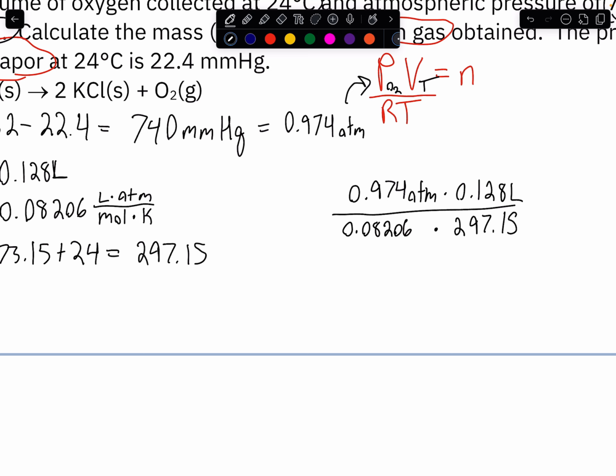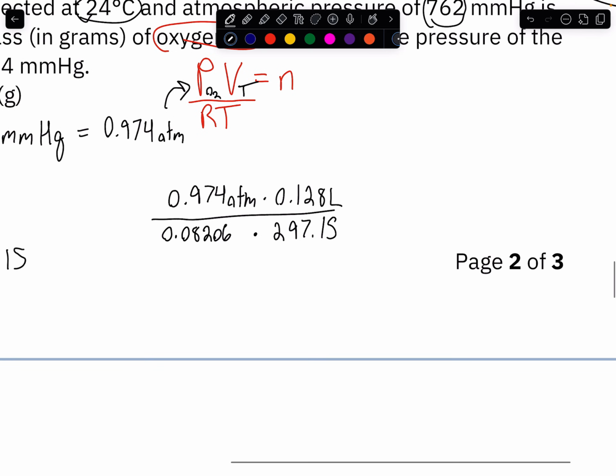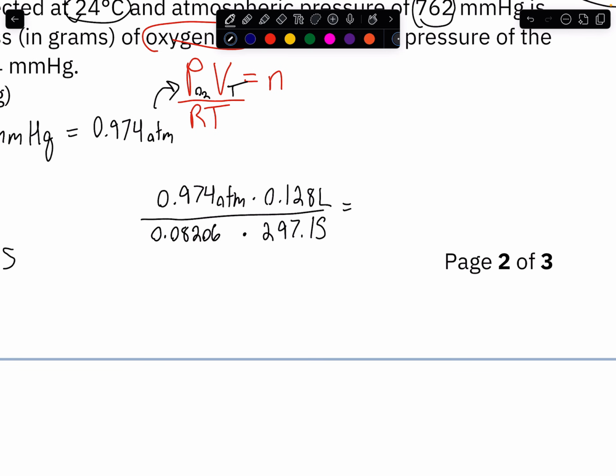That's why. I was really confused for a second there. Okay. This divided by this. We should get approximately 0.00511 moles.